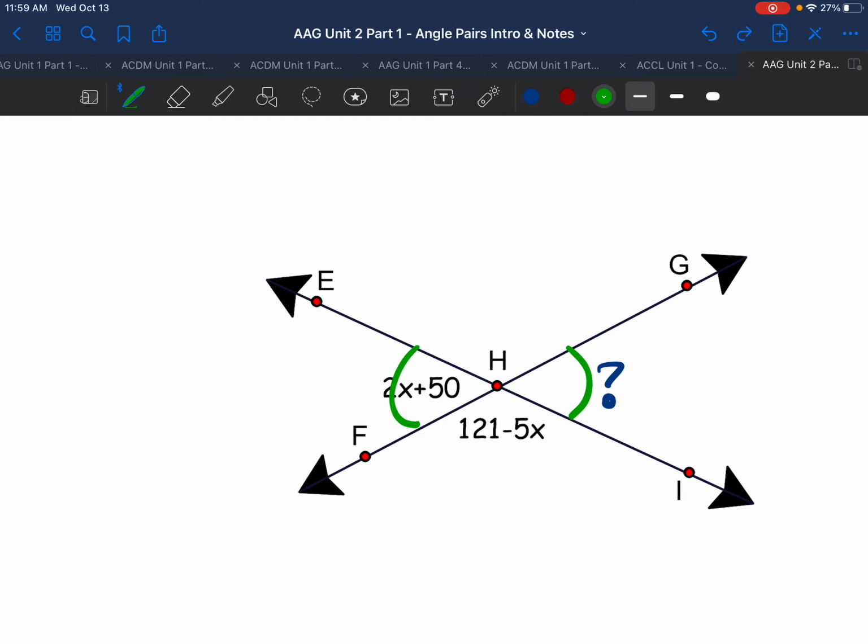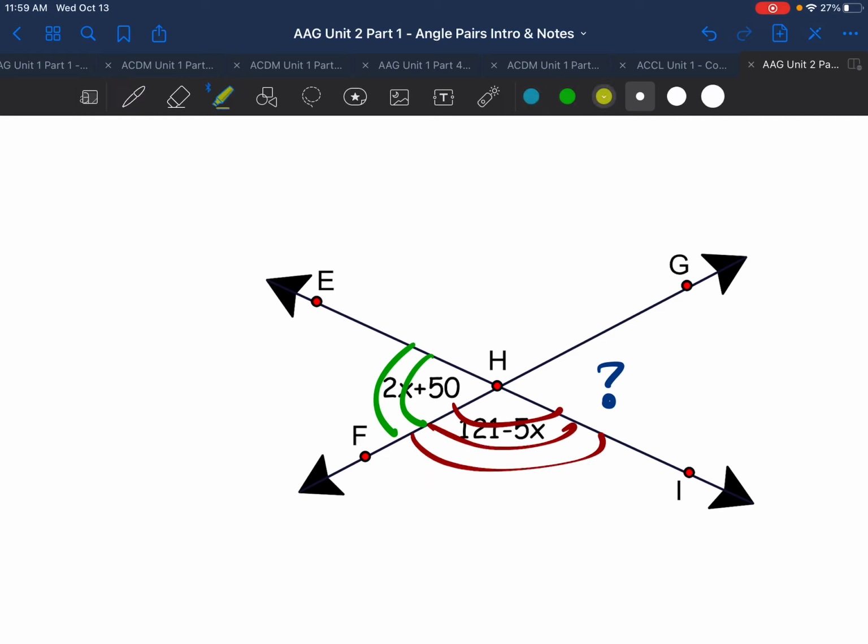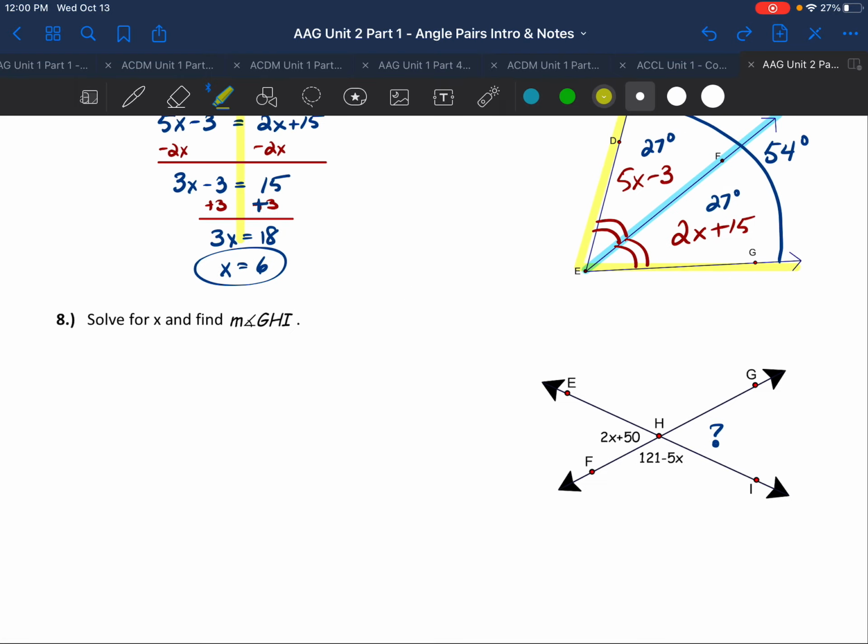But let's also remember another thing. This angle that I have in green and this angle I have in red, they don't have to be equal. But what we do know is together they form a straight line. So these 2 angles form a linear pair. Therefore, they're going to be supplementary. So I'm going to add them up and set them equal to 180.